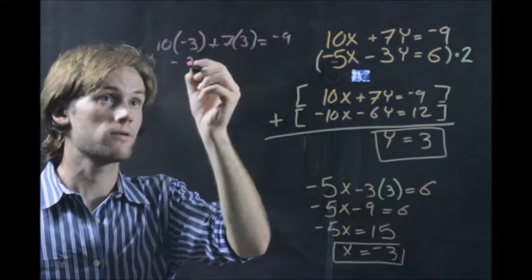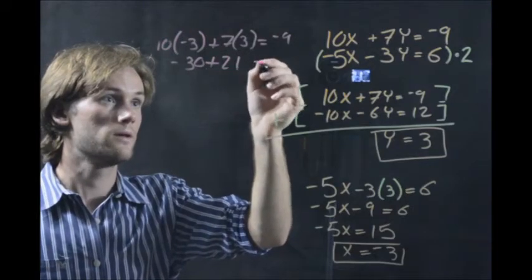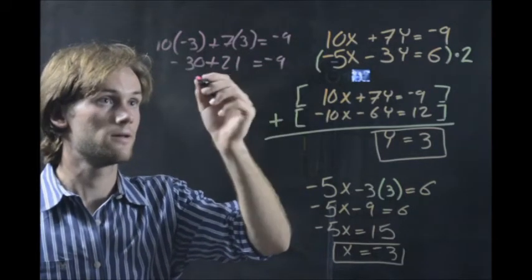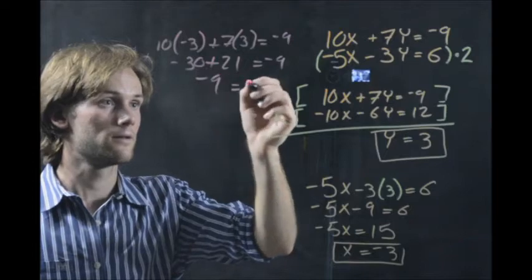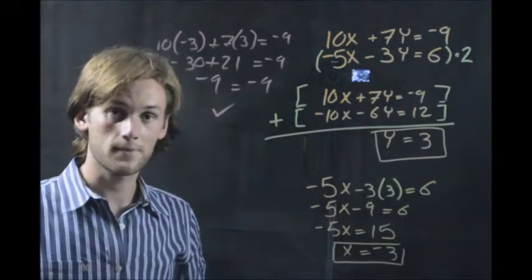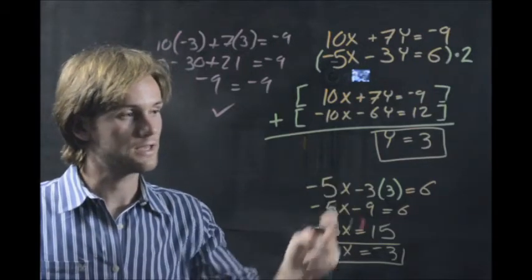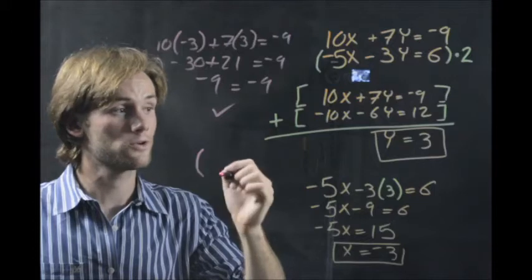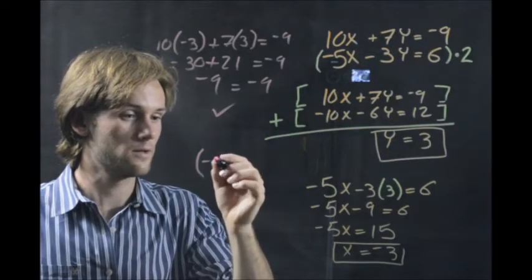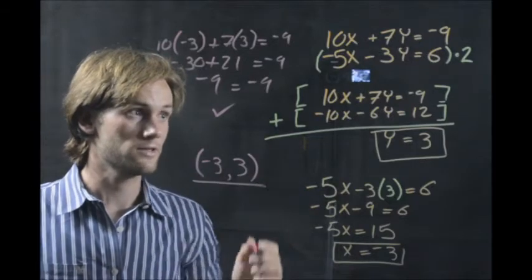So we have negative 30 plus 21 equals negative 9. Negative 9 equals negative 9. We're good to go. All right, now that we know this works, again, we can write our solution as x and y, or preferably, we can put it in coordinate form. Negative 3, comma 3. That's our answer.